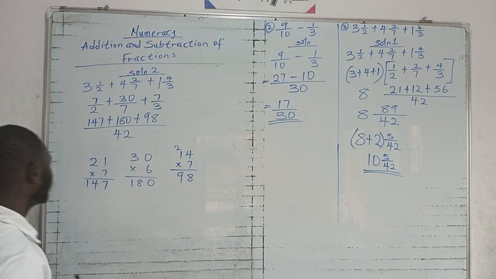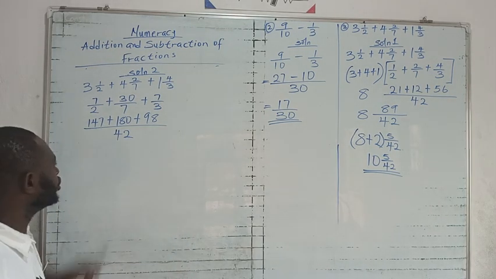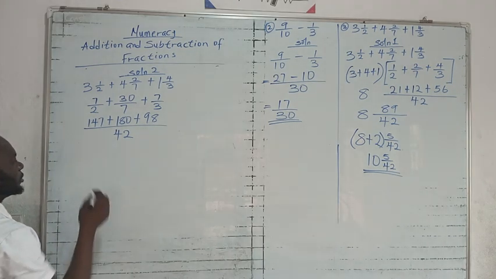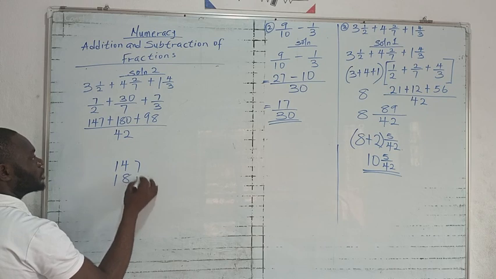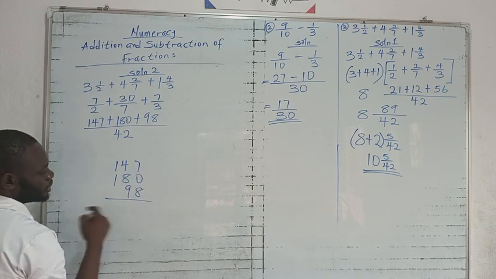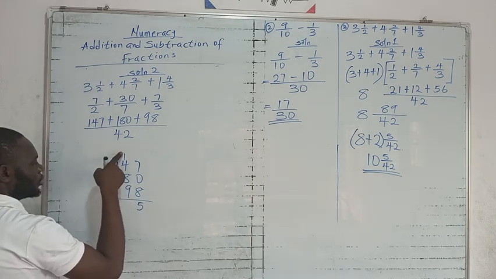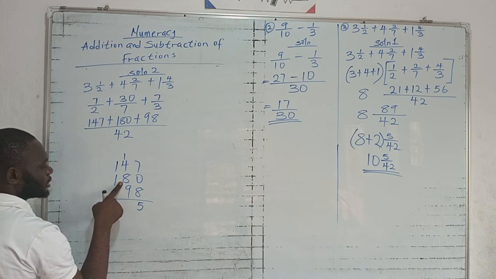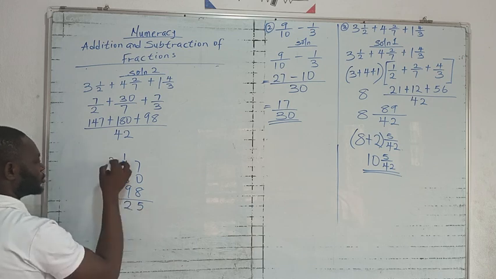Okay. Alright. Now, having gotten this, what do we do? We add. So let's add 147, 180, and 98. 7 plus 0 plus 8 is 15, 5 carry 1. 1 plus 4 plus 8 is 13, plus 9 is 22, 2 carry 2.